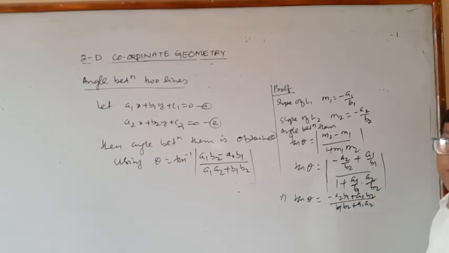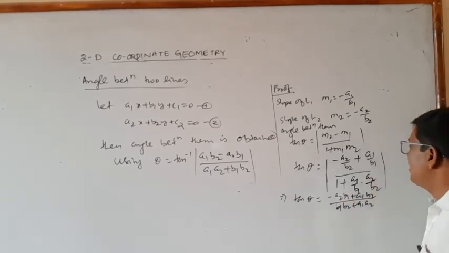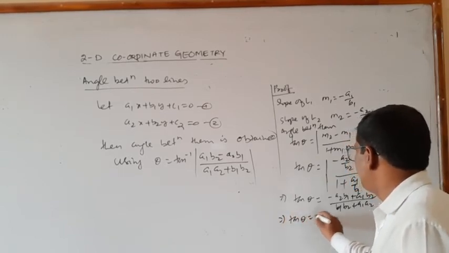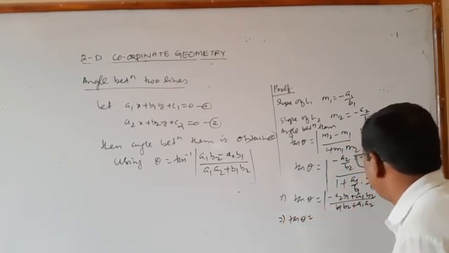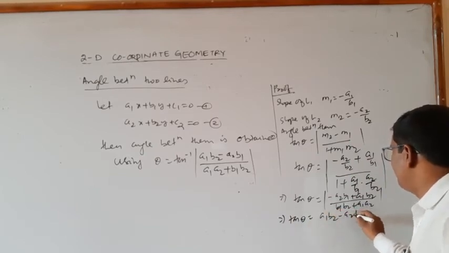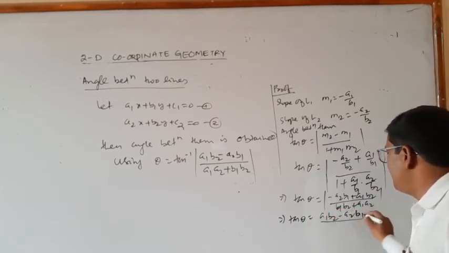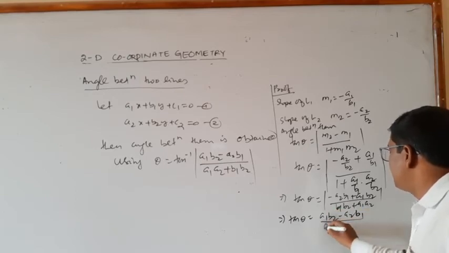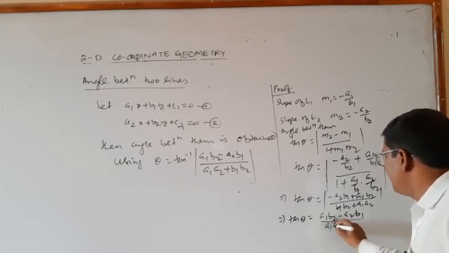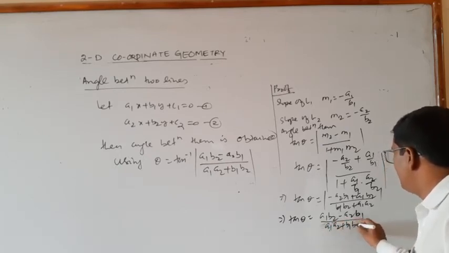The LCM b1 b2 cancels. So tan theta is equal to the modulus of a1 b2 minus a2 b1 divided by a1 a2 plus b1 b2.